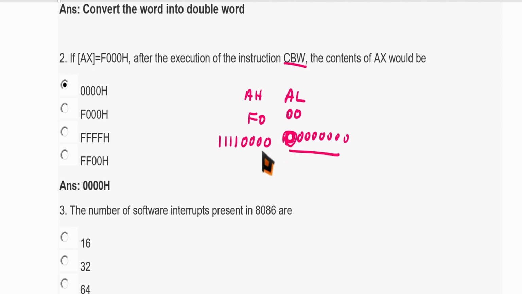So AH will be extended with this sign, that is AH will become as 0. All the 8 bits will be zeros. And AL will have 0, 0, 0. AL is not affected. So after executing CBW, the AX will contain 0, 0, 0H.